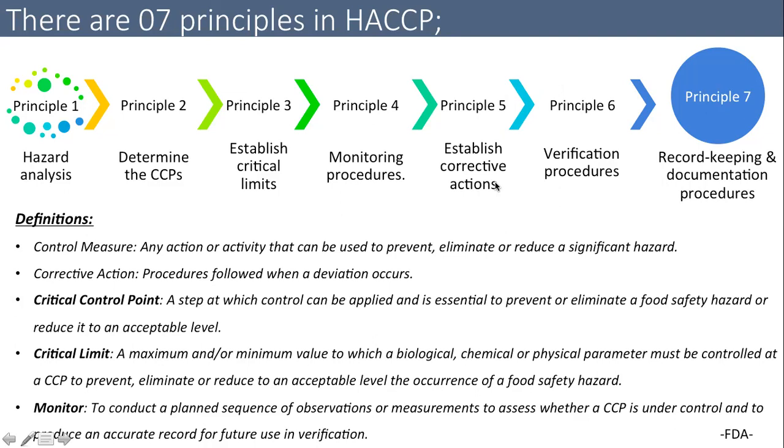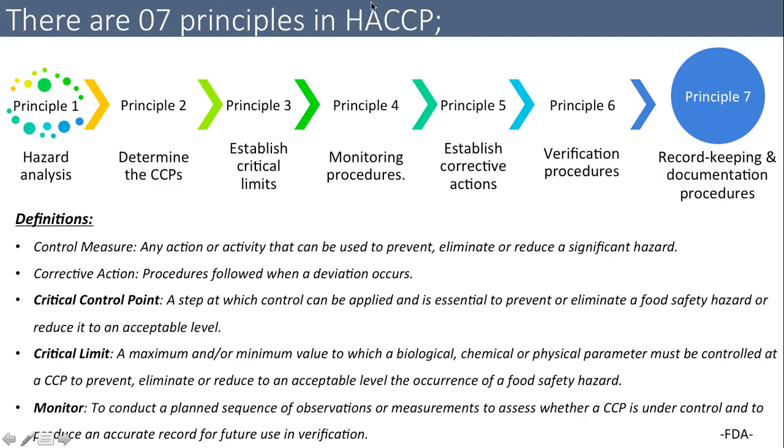called verification. If we are using equipment, machines, and procedures, verification is very important. So in this example, we need to use thermometers, and all thermometers should be calibrated. Verification procedure means our thermometer shall be calibrated annually.